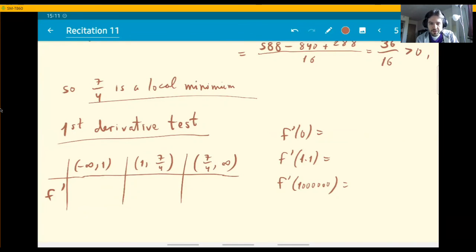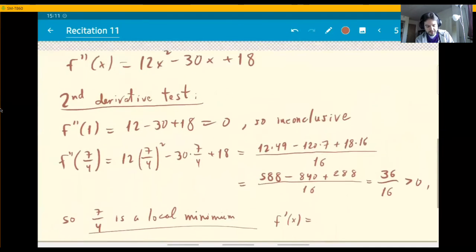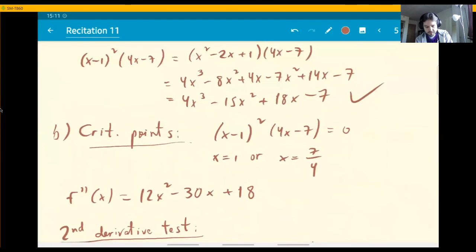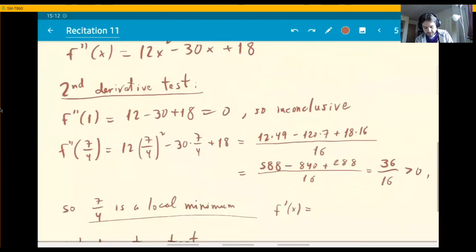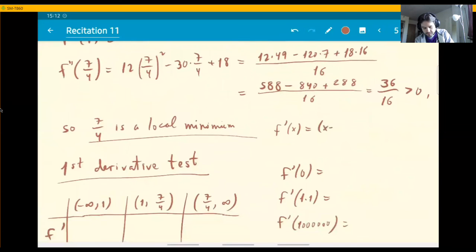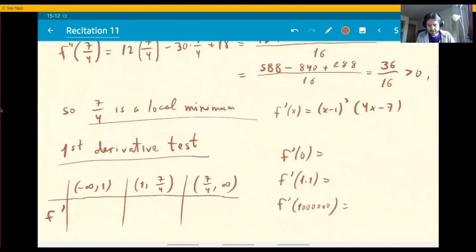Okay, so compute each one of those by using the f prime formula, which, by the way, I'm going to copy down here. Maybe I'm going to copy down the factored form, this one, x minus 1 squared times x minus 7 over 4. There's a little shortcut that we can try to do here to understand the sign of this expression.